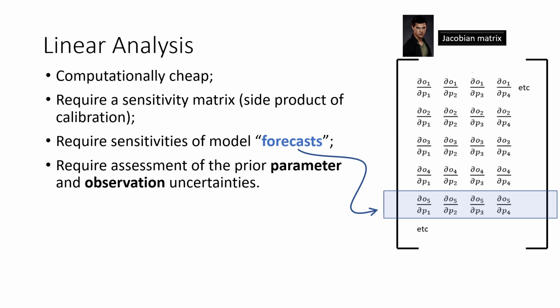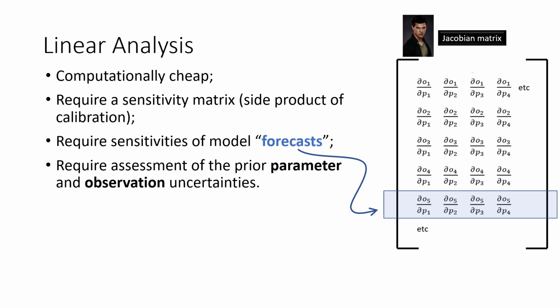Now, it's often the case that the model being used for calibration is not quite the same as the one being used for a prediction, especially if simulating the prediction significantly increases model runtime. In such cases, even if calibration has been undertaken already, sensitivities will need to be recalculated with the prediction included in the model run. In practice, this means rerunning the model as many times as you have parameters, but with the predictive model rather than the calibration model.